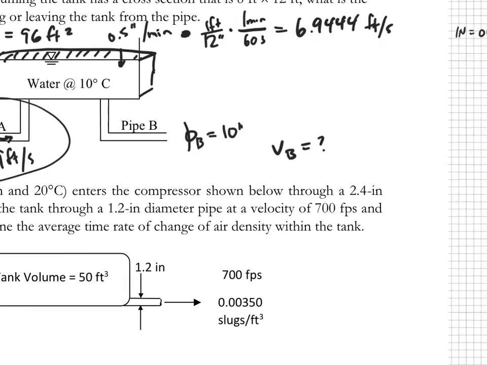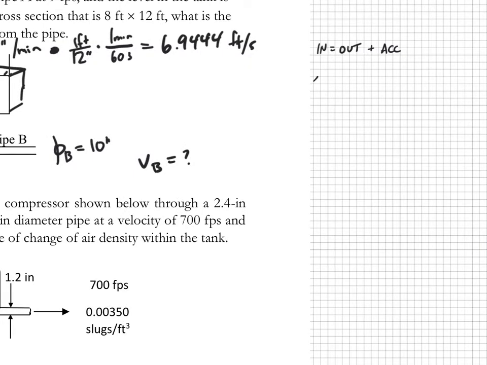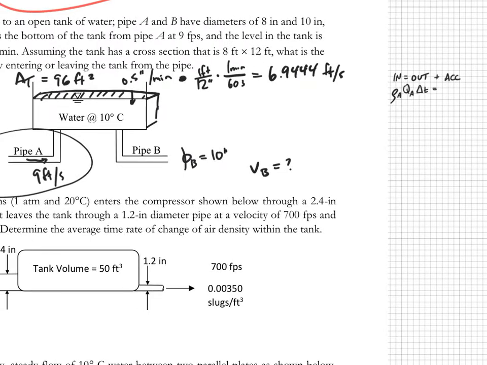We've got rho at A, the density at A, times Q at A. That's the mass flow rate in. Now I could put a delta T there. Why not? Delta T. That's the total amount of mass flowing in over a certain time, delta T.